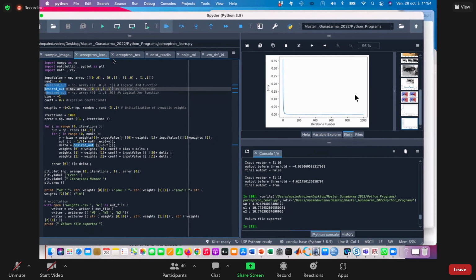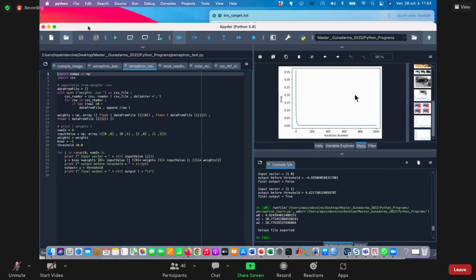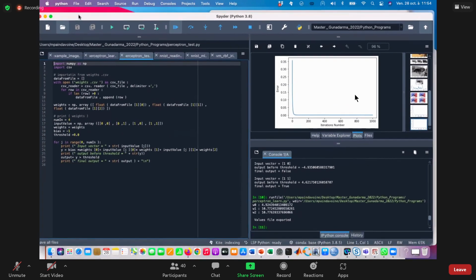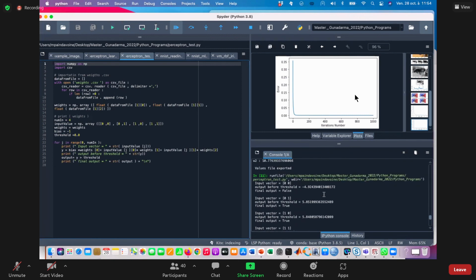So now let's see the results here. If I execute again this program, it's the same program, but with different weights. Let's see the results. Here I send the 0, 0 input combination. It's negative, the result is false.